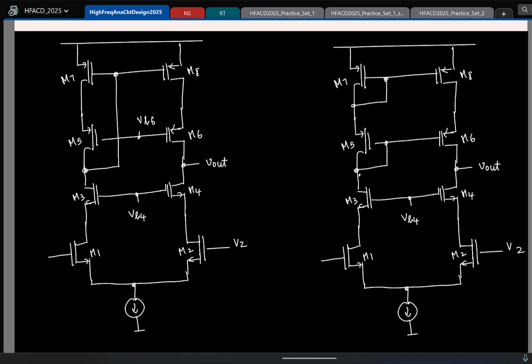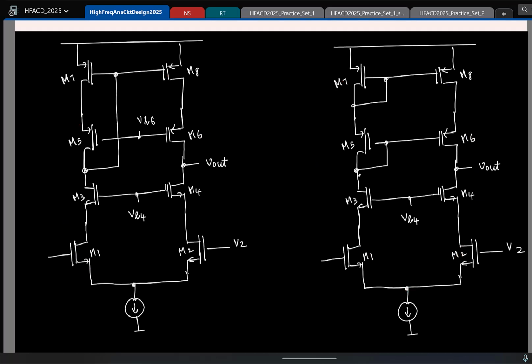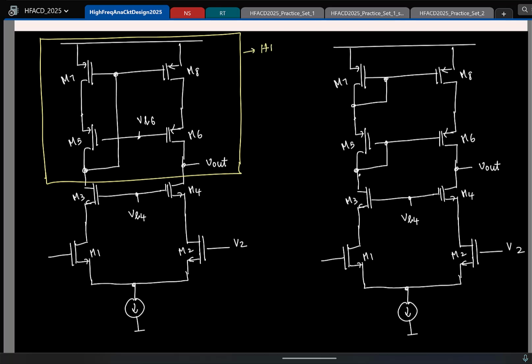Okay, so again, this is something new. These two are two different things, so differentiate them. You have to give some name, and the name that is given is this. This portion is often called the high swing cascode current mirror. It's a matter of fact naming.